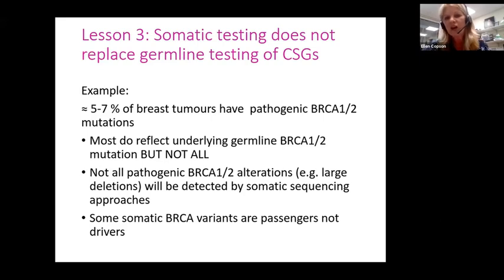Also, because germline pathogenic BRCA1 and 2 mutations are often large deletions, they won't all be detected by somatic sequencing approaches. So it is really important to understand that somatic and germline testing are not equivalent. You can't tell somebody they've got a germline mutation until you've actually looked for it.